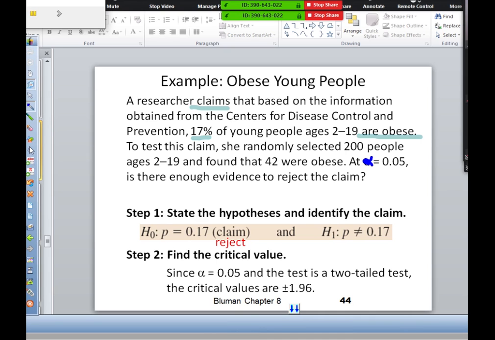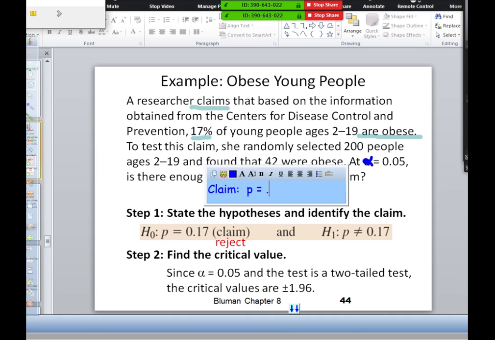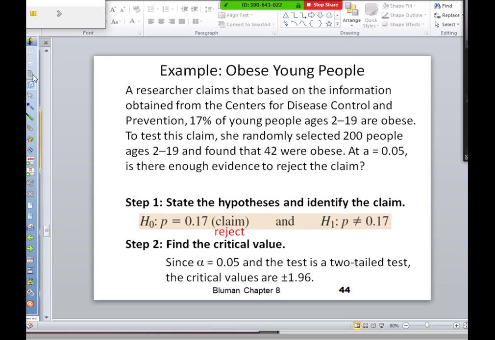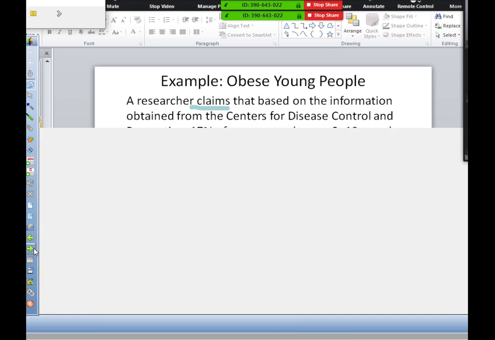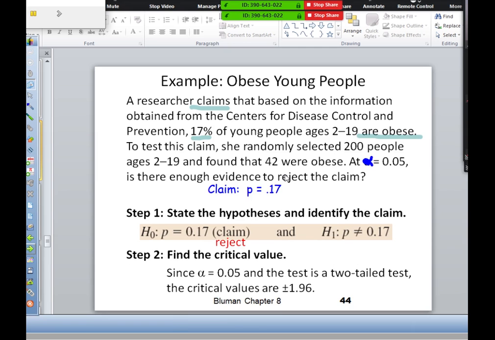Her claim is that P is equal to 17%. Everybody on board with that part?